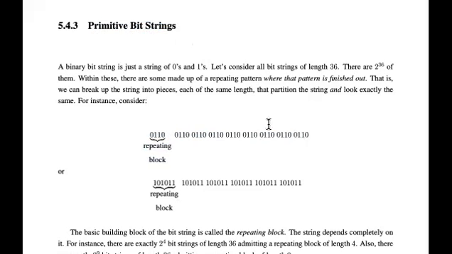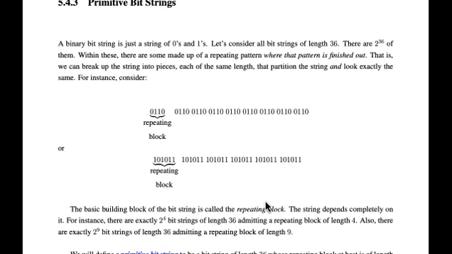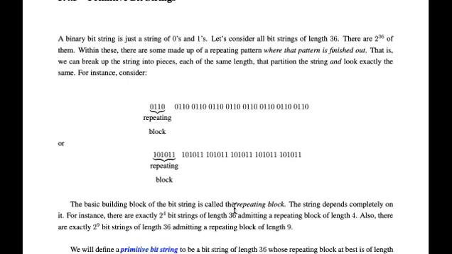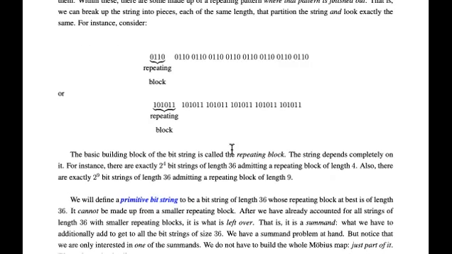It's made up of a repeating block. This one's made up of a repeating block. So we call those non-primitive. Primitive would be ones that are not made up of any smaller repeating block. Okay, so we're concentrating, at least in this example, on strings of length 36.